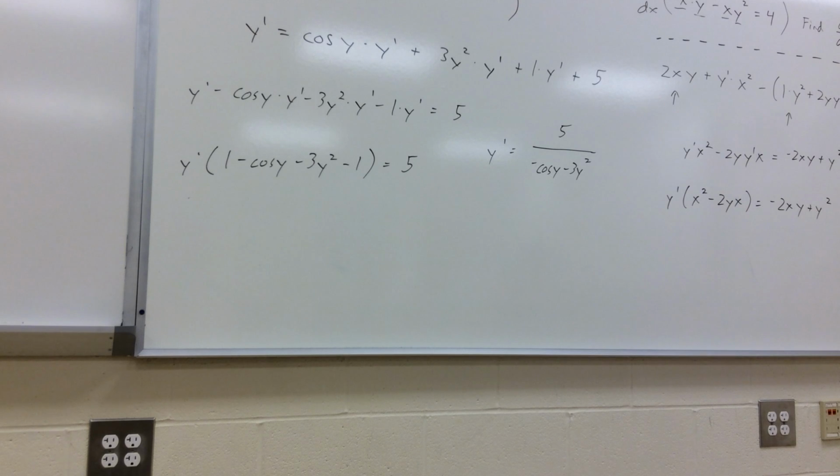And then I can divide to get y prime by itself. So final answer is y prime equals negative 2x y plus y squared divided by x squared minus 2yx.